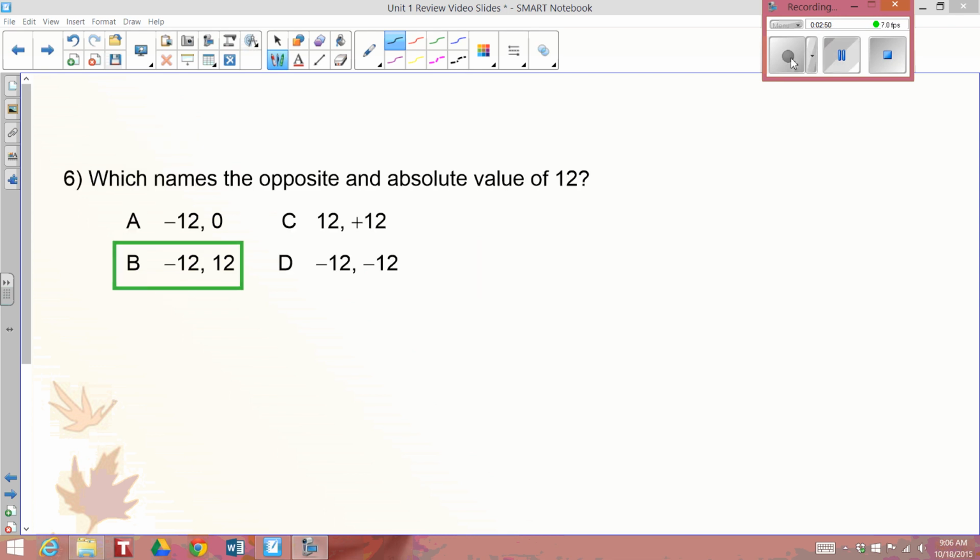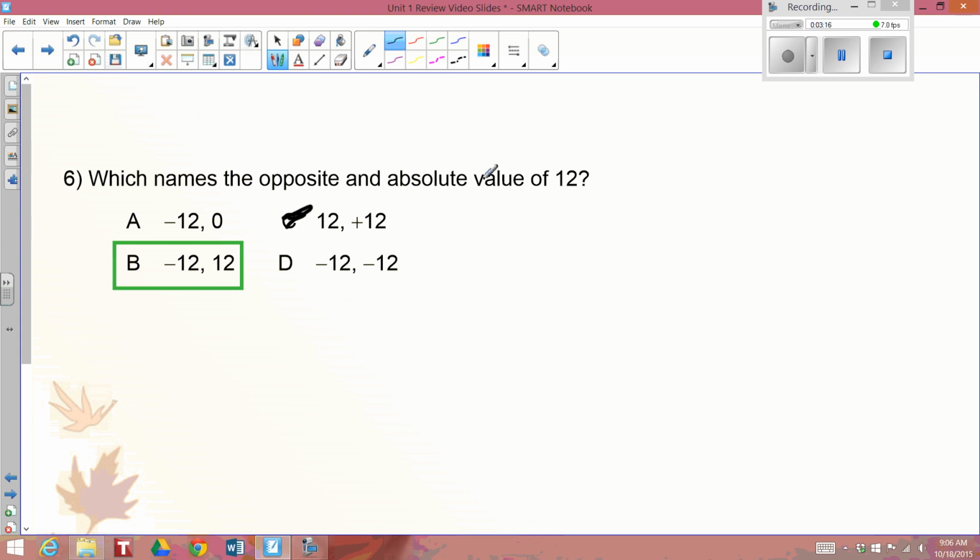Opposites and absolute value of 12. If I look at 12, that's a positive 12. The opposite of positive 12 is negative 12, so I can get rid of anything with both positive 12s. So I know C is out. The opposite has to have a negative 12 in it, which is A, B, or D. And the absolute value of 12, I know absolute value is always positive because it's just how far away 12 is from 0.